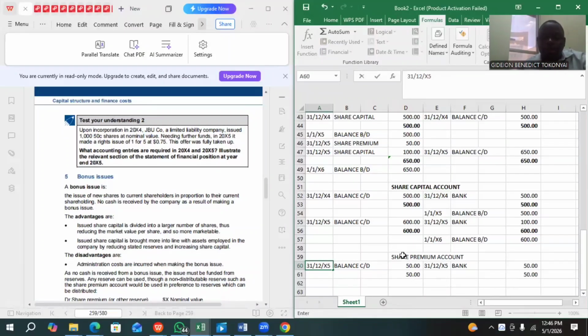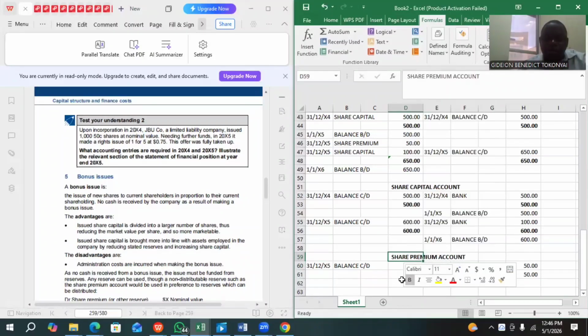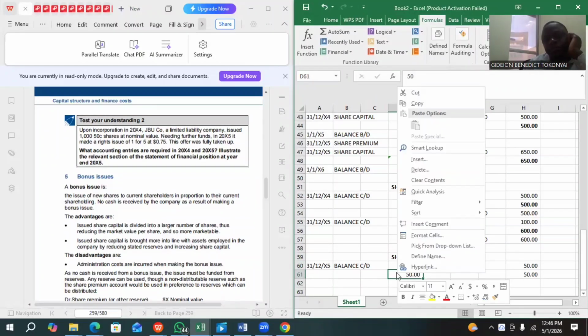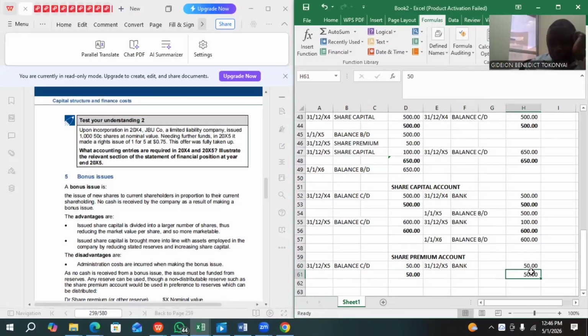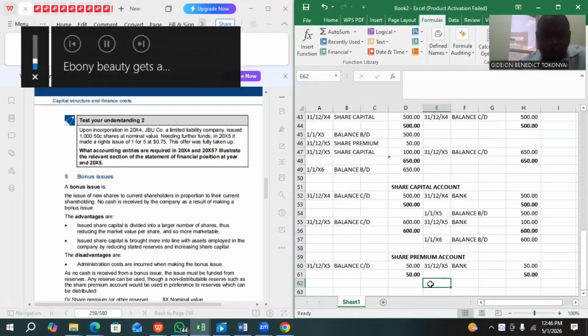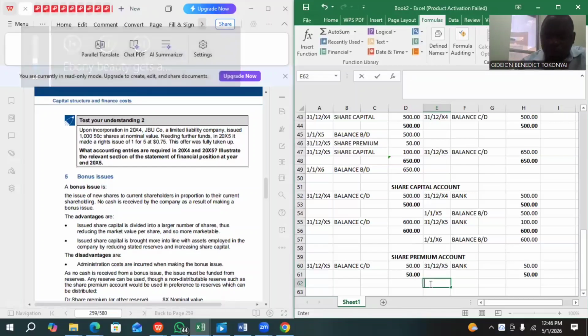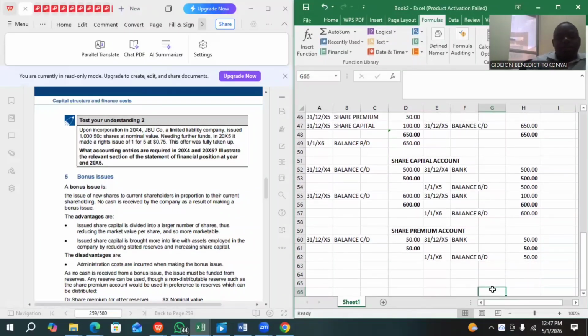Then you bring down the amount at 1 January 20X6, balance brought down, 50.